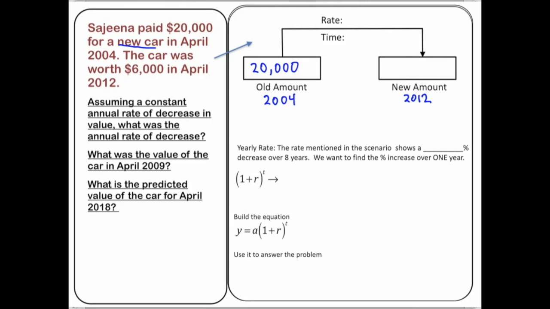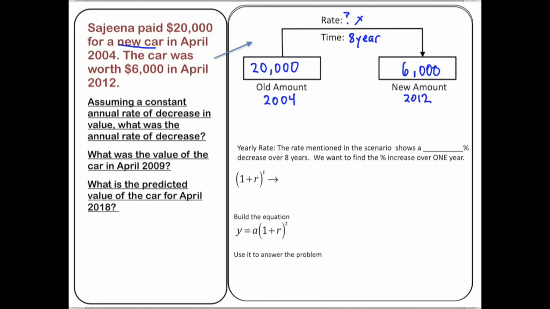And the amount that it is worth in April 2012 is $6,000. Okay, so let's also fill in some of the information that we need. It looks like it took 8 years to go from 2004 to 2012, and the rate we don't know. Okay, so we're just going to call that X.